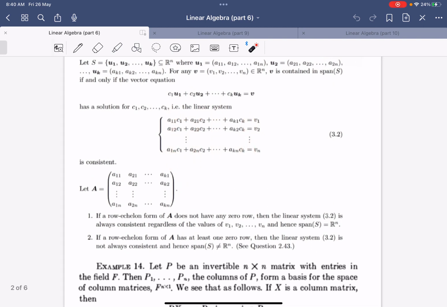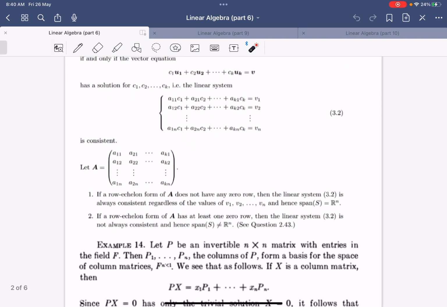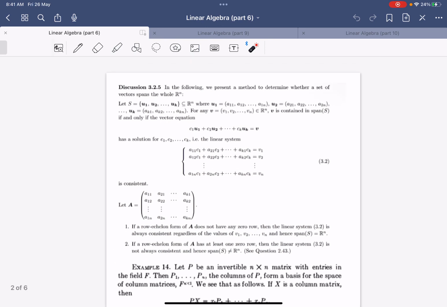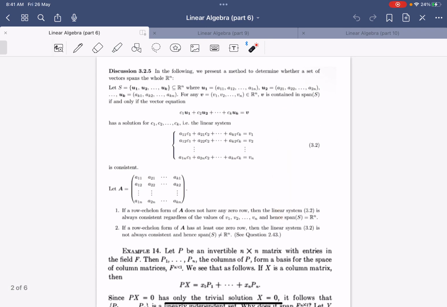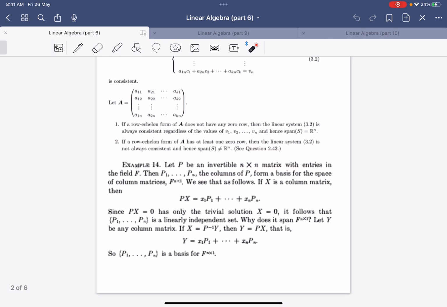What you need to do now is use Gaussian elimination and check: if the row echelon form does not have any zero row, then it's always consistent. If it has at least one zero row, then it's not always consistent, so it cannot span. That reminds you of the previous question we did two videos ago. So this is a recap of how to quickly show whether a set of vectors spans the entire R^n.